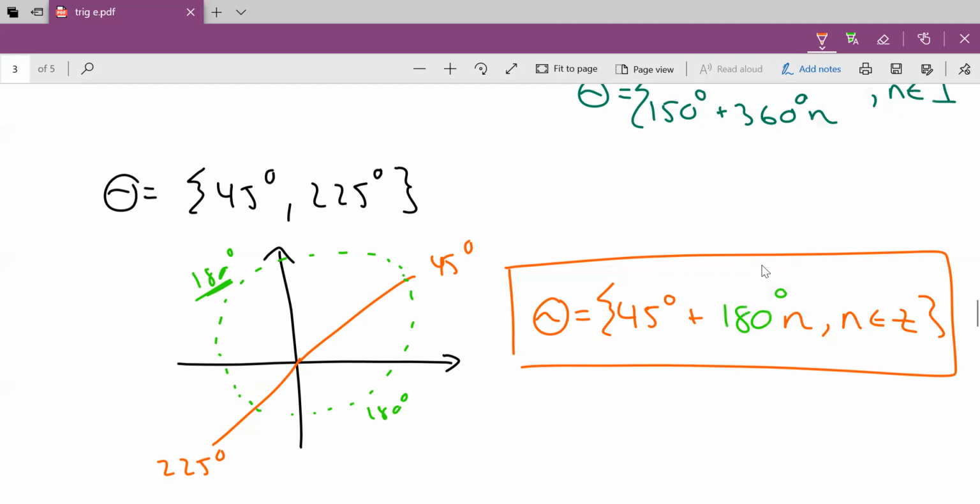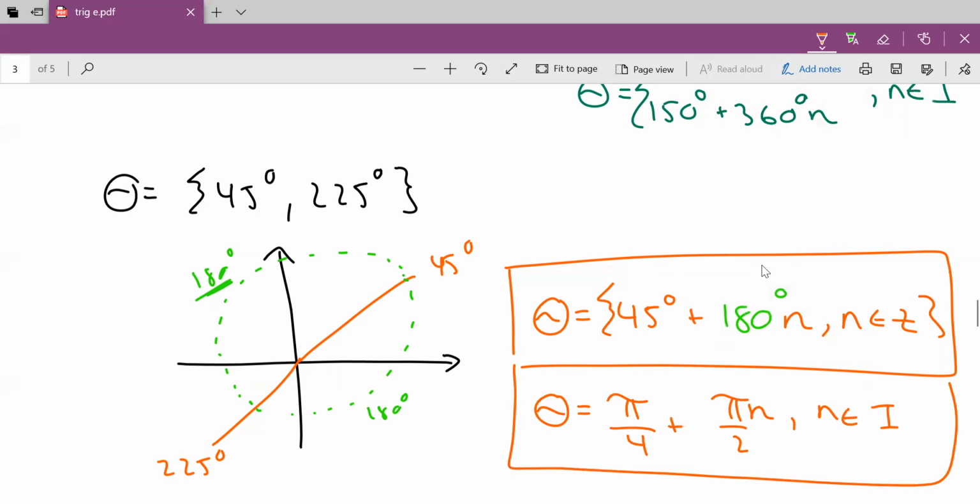All right, if this had been in radians, well, I would have said this: pi over 4 plus pi n, n a member of the integers. So it doesn't matter what mode I'm in, friends. I just have to make sure that I answer the question in the mode that it was given to me. Am I in degree mode? Am I in radian mode?